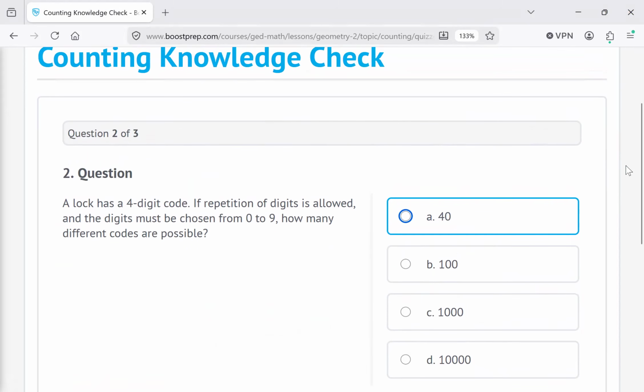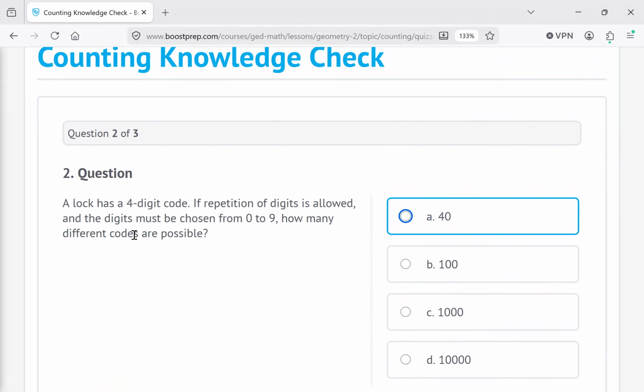Okay, question 2. A lock has a 4-digit code. If repetition of digits is allowed, and the digits must be chosen from 0 to 9, how many different codes are possible? So, this one, you don't really have to use a formula.